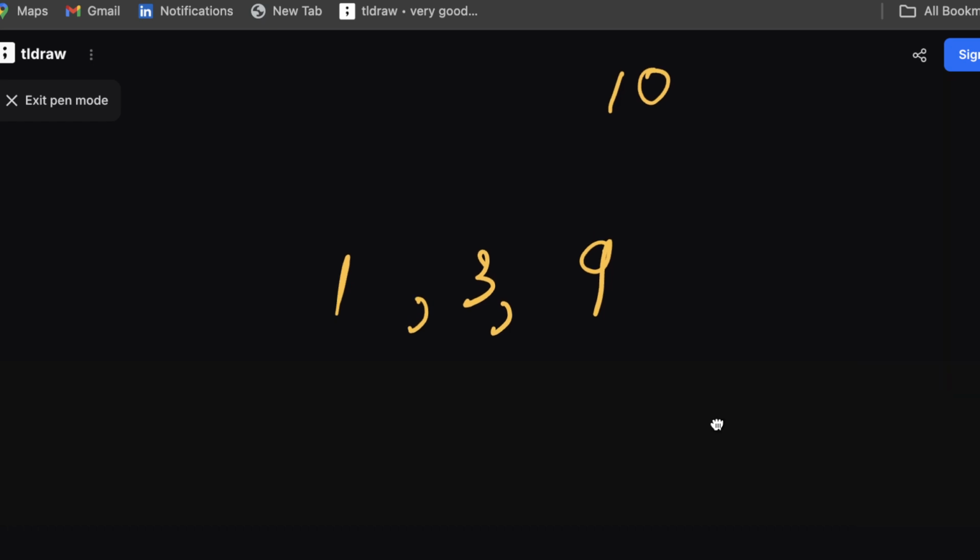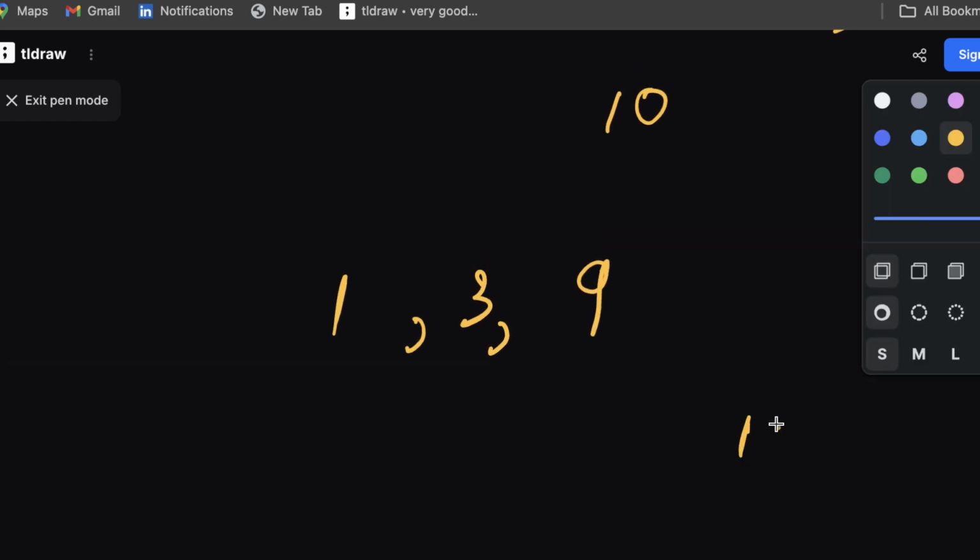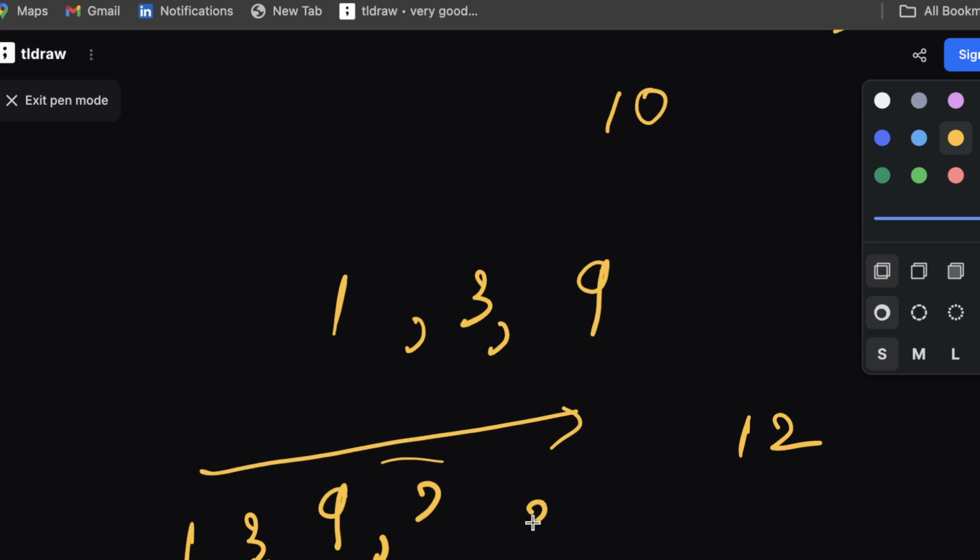Then suppose I have a larger input size, this is 1, 3, 9, or 12, again this is going to be, but this series is a 3 power n series.